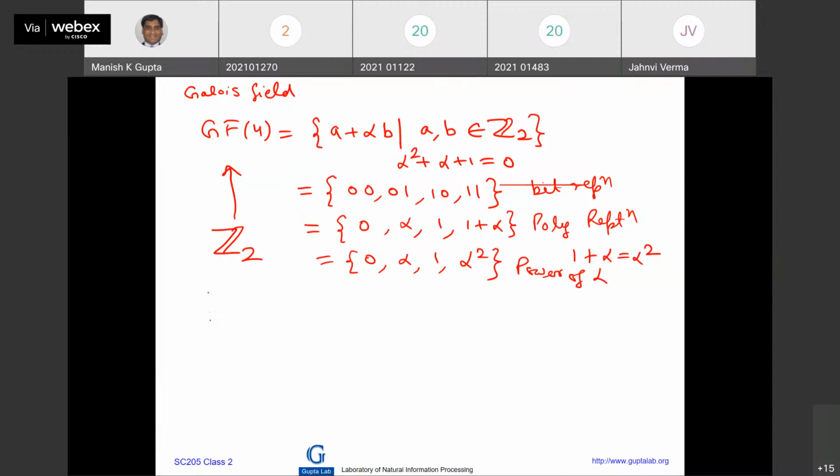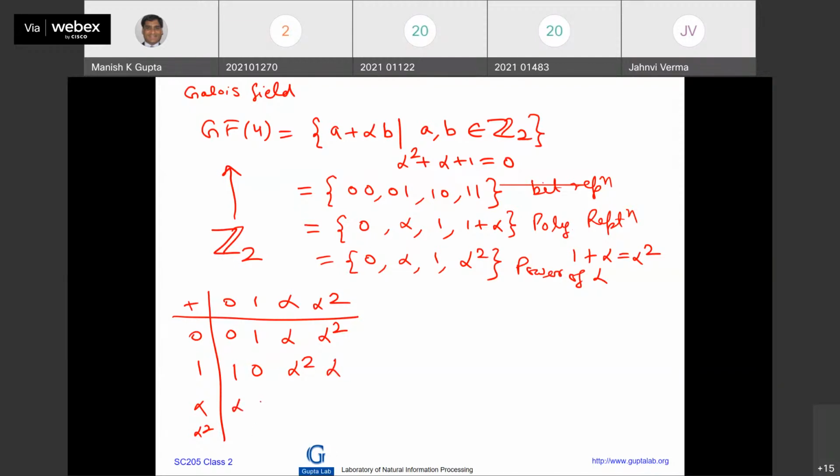I'm going to make a table for addition. 0 plus 0 is 0. 0 plus 1 is 1, 0 plus alpha is alpha, and this is alpha square. 1 plus 1 is 0. 1 plus alpha is alpha square, and 1 plus alpha square is alpha.